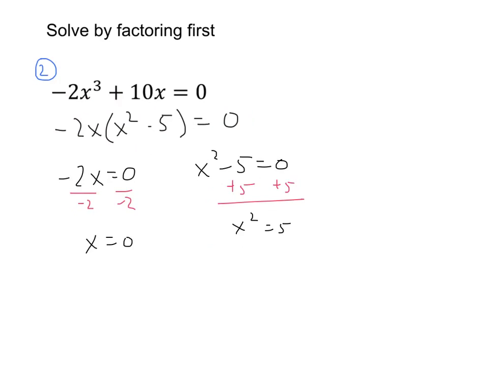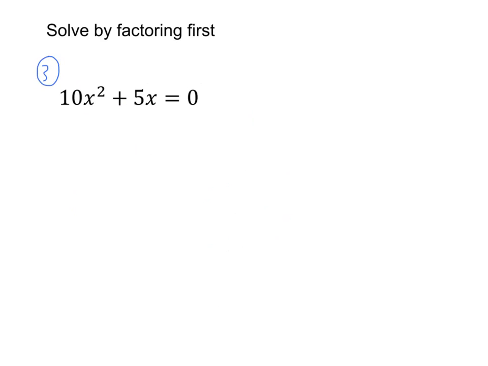To solve this one, we need to take the square root of both sides. We end up with the absolute value of x is equal to radical 5, which implies that x could either equal radical 5 or negative radical 5. Let's put the whole thing together. We know x is either equal to 0, radical 5, or negative radical 5.